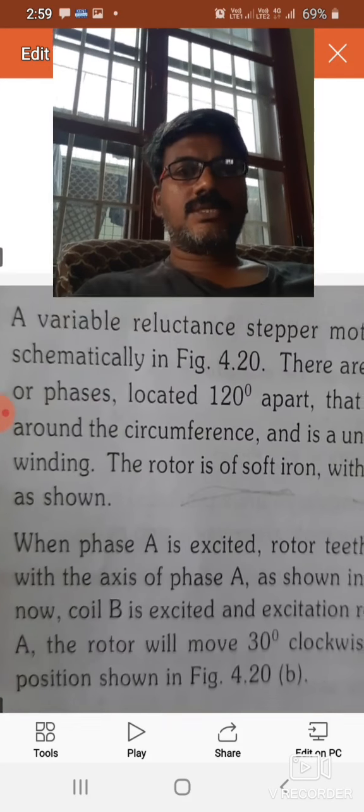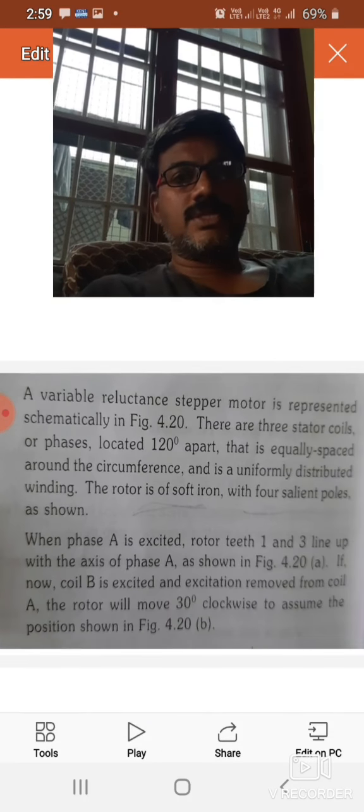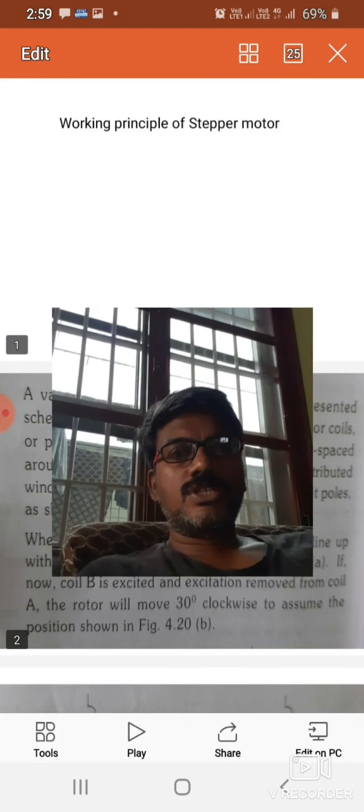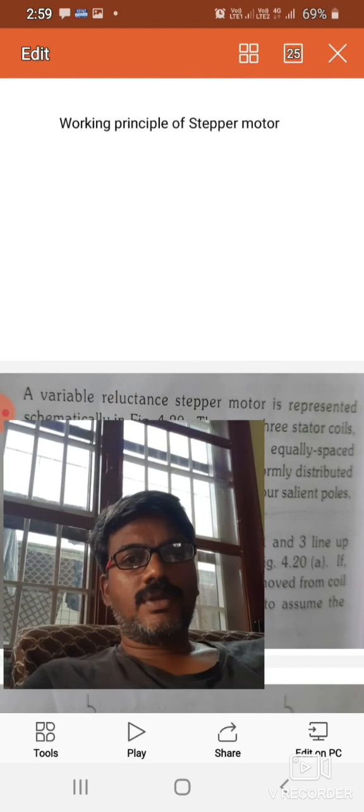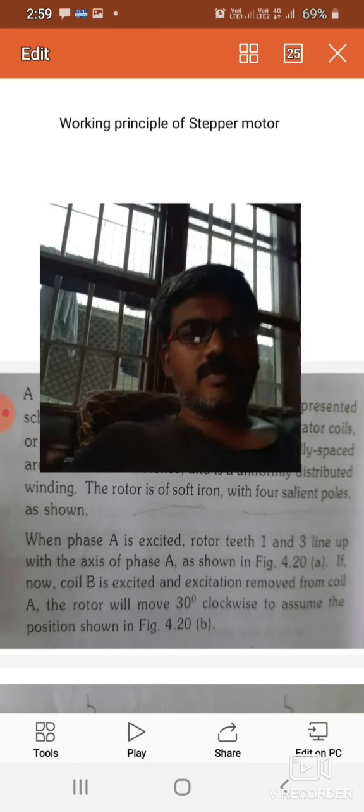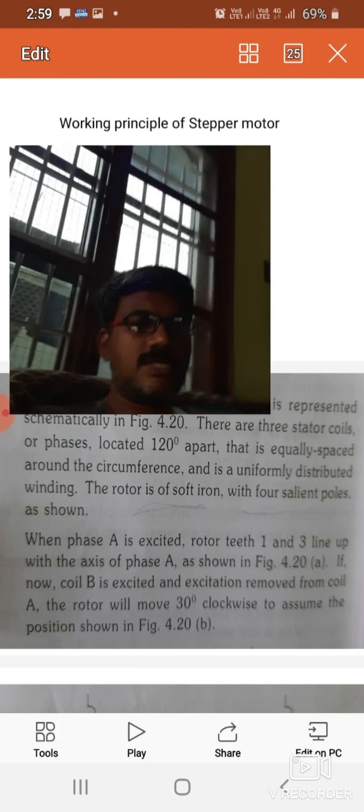Then we will discuss a very important thing, that is the working principle of stepper motor. Before that, what is a stepper motor?